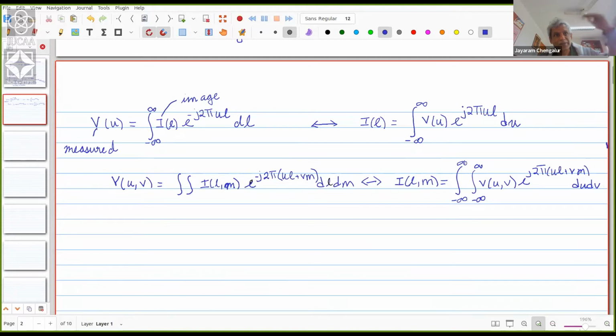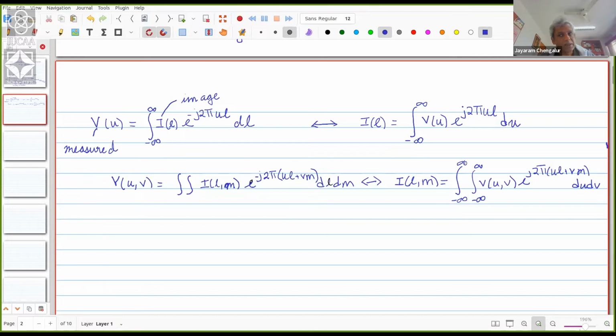The spherical surface can be described by 2 angles, theta and phi, so I will need 2 numbers to tell me where on the sky the object is. Those 2 are L and M. You can think of them roughly as delta theta and delta phi to tell me the location on a 2D sphere.